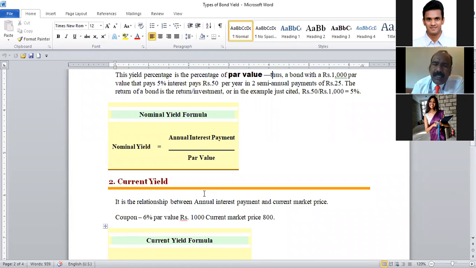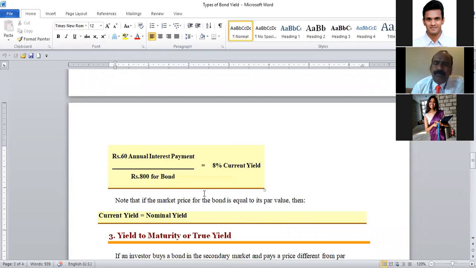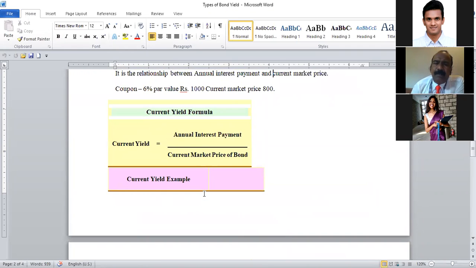Okay. So the current yield is the relationship between annual interest payment and the current market price. For example, the coupon rate is say 6%, the current market price is say 800, and the par value is 1000. So how do we calculate? The equation is current yield is equal to annual interest payment divided by current market price of the bond.